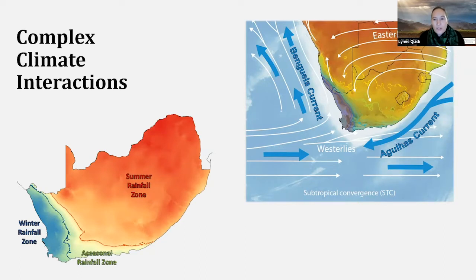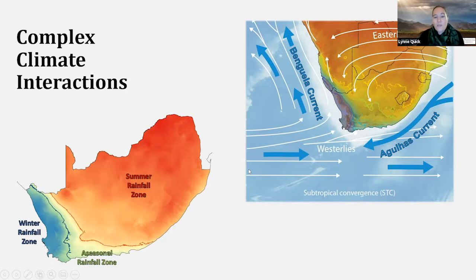This is because it sits at the interface between 2 different major circulation systems, which are the tropical easterlies, which result in our summer rainfall zone, so the weather we experience in places like Johannesburg. And then quite uniquely, we have the westerlies influencing the far southern and western parts of this region, and that produces what we call the winter rainfall zone.